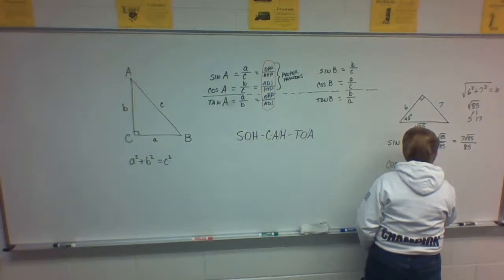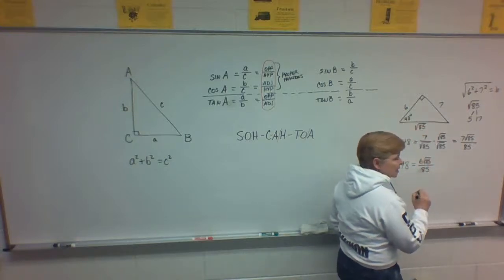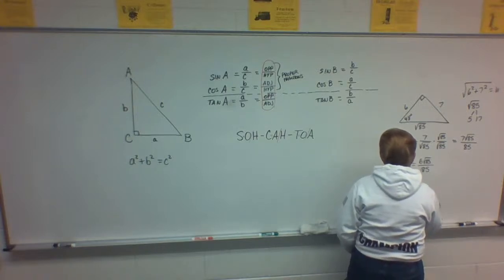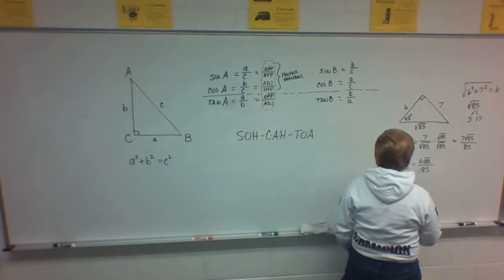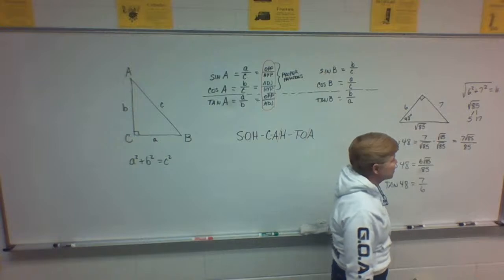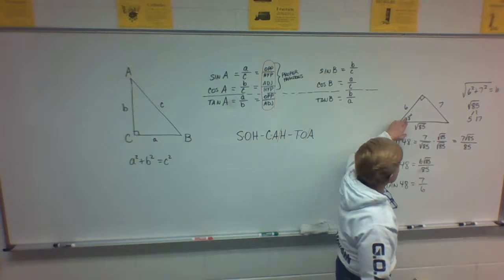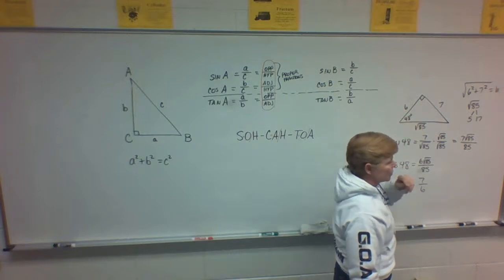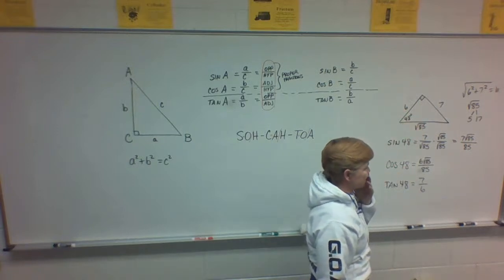Can you rationalize that in your head? What's the tangent of 48? 7 over 6. Done. 7 over 6 because it's opposite over adjacent for tangent. And that didn't involve the root 85. Everybody clear on that? Yeah.